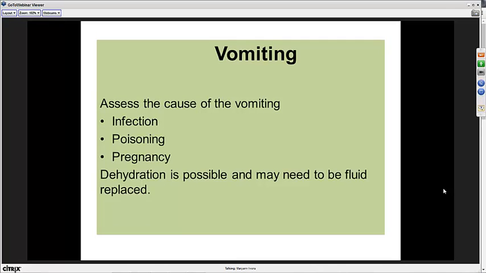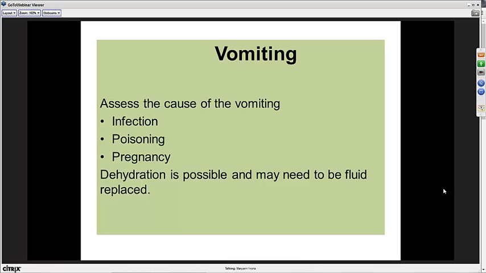And vomiting is essentially the same problem as diarrhea. Dehydration is our main problem. But what we'd like to know is whether the vomiting is caused by an infection, by poisoning, like from a mushroom or something that was eaten, or by pregnancy.